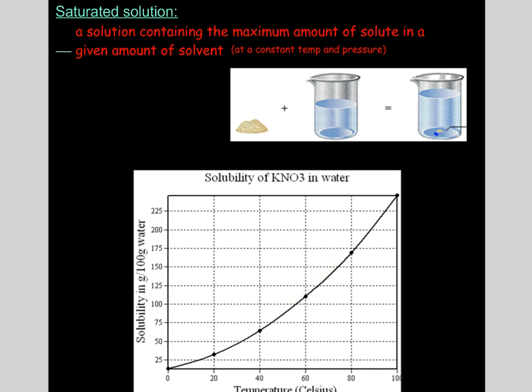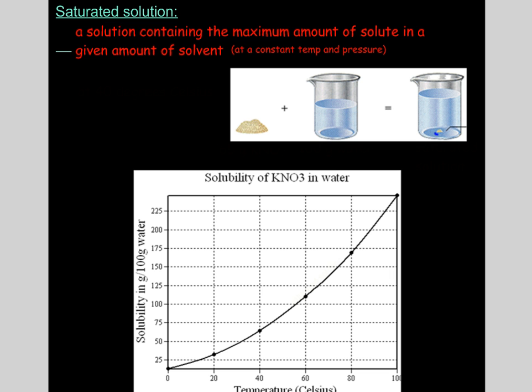That's the standard for all of these solutions, measuring the concentration in 100 grams of water. And that solubility will vary depending on the temperature. Now this graph shows you that as you increase the temperature, you can dissolve more grams of the KNO3 in the water as the water gets hotter and hotter. So what the line represents is a saturated solution.